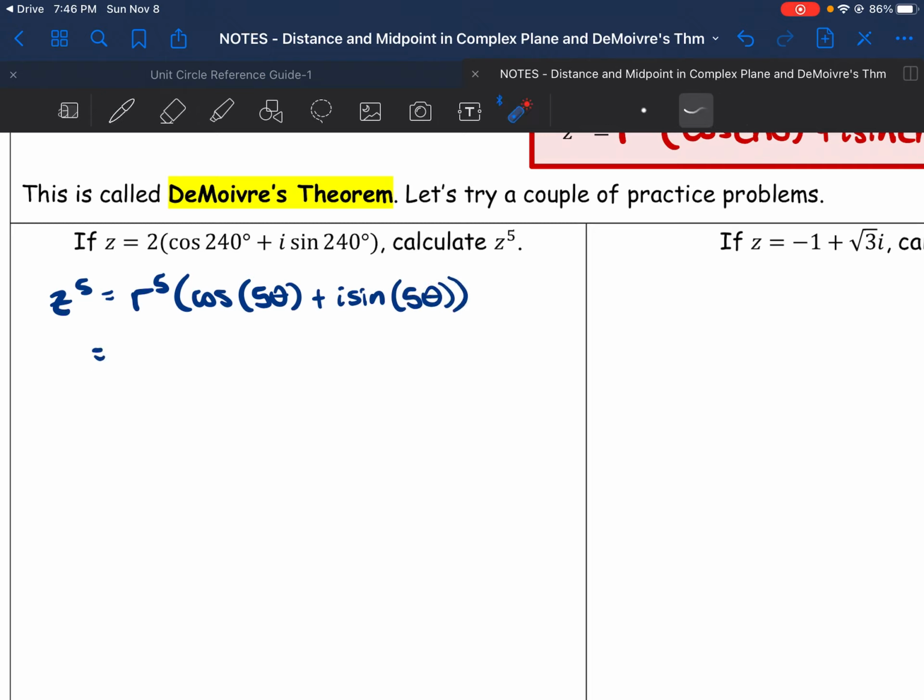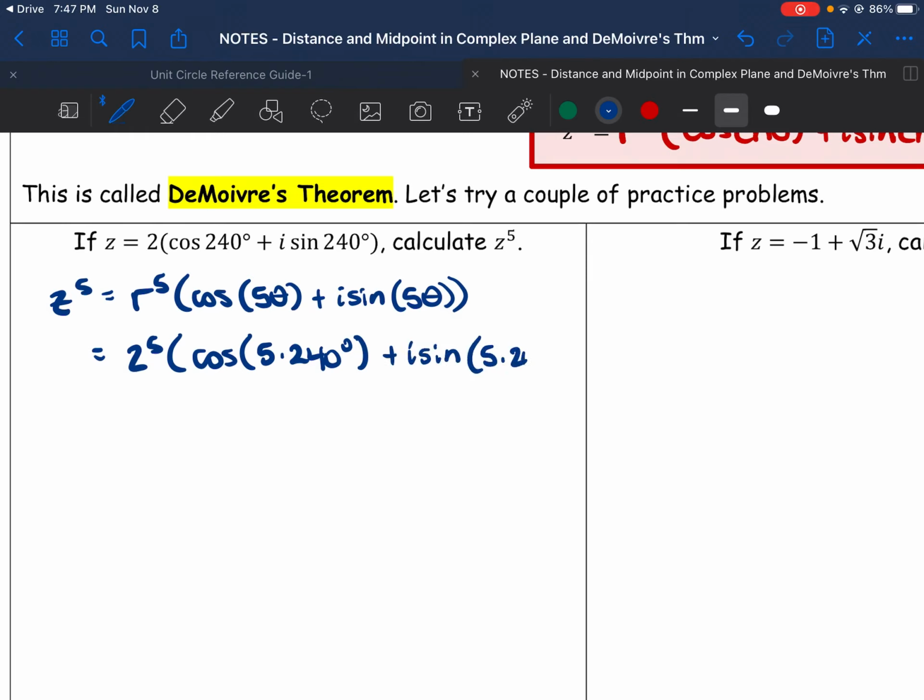Let's throw in the pieces that we have. We know that r is 2, so this would be 2 to the fifth power cosine of 5 times theta, and we know theta is 240 degrees. So 5 times 240 degrees plus i sine 5 times 240 degrees.